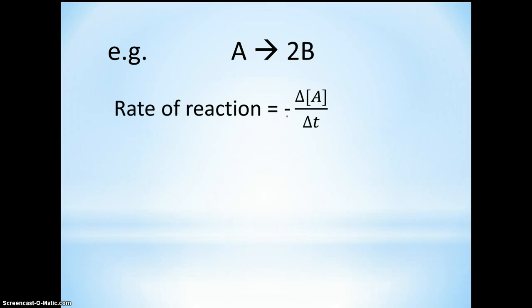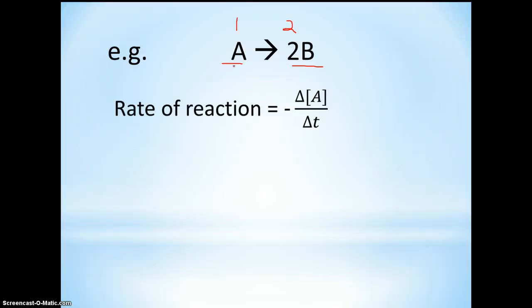Well, that's true. But when you look at it, the mole ratio between A and B here is 1 to 2. That means when you lose 1 A, you produce 2 B.